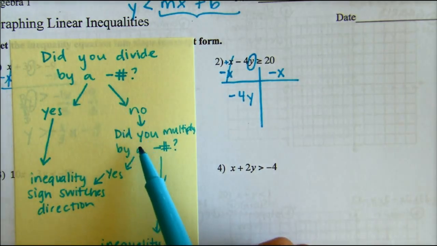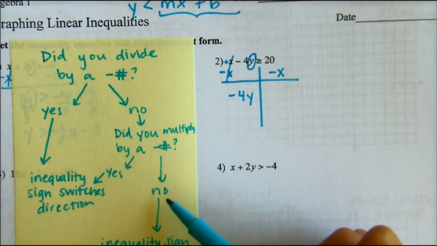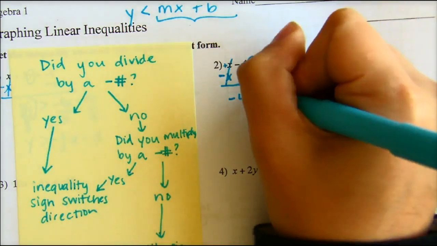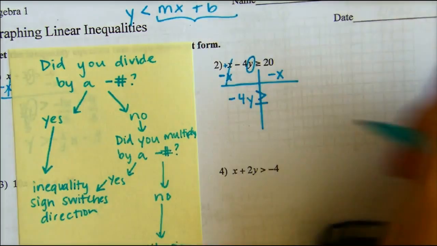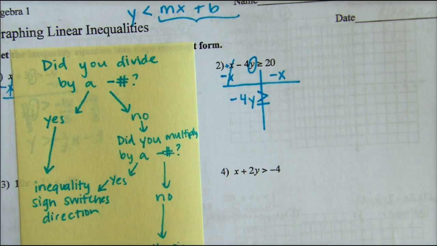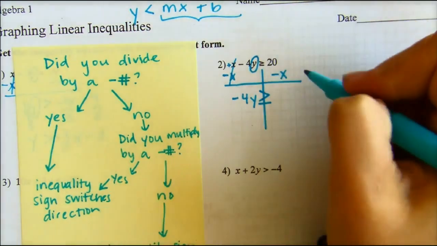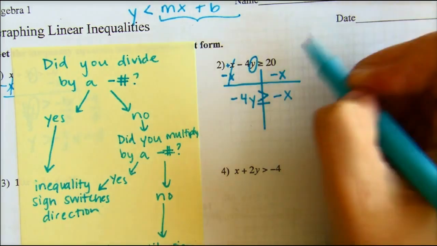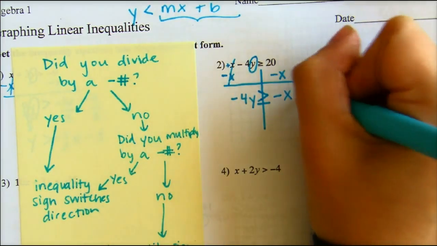Did I multiply by a negative number? No, I subtracted x. So my inequality sign will stay the same. I'm going to copy it down. Greater than or equal to. Over on this side, these two terms are not like terms, so I'm going to bring them down exactly as they are. I've got a negative x, and I have a positive 20.